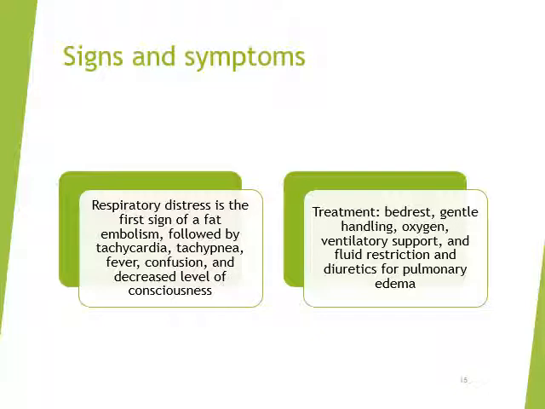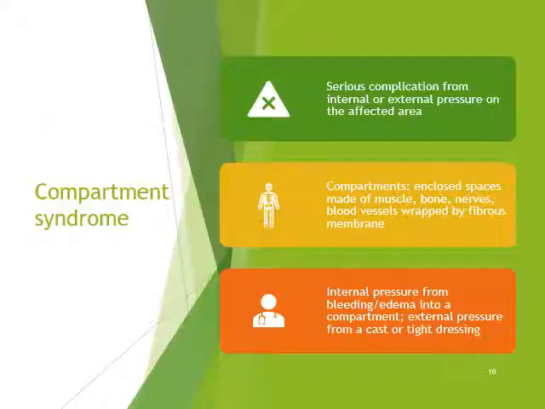Followed by tachycardia, tachypnea, fever, confusion, and decreased level of consciousness. The treatment is bed rest, gentle handling of the limb, fracture, oxygen, ventilatory support may be needed, fluid restriction, and diuretics for pulmonary edema.